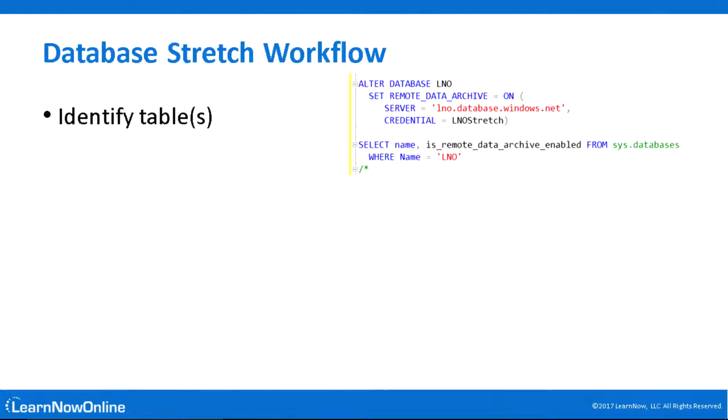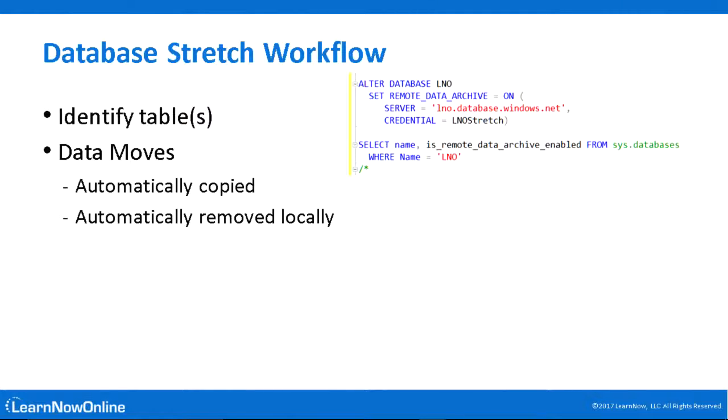You also have to use the credential that was created with the identity and secret or password. Once you do that, you can do a select on some system database table in order to see which ones are actually remote data archive enabled. So as a DBA, you can go investigate this on existing servers.